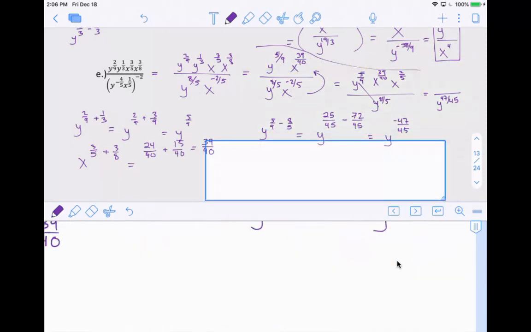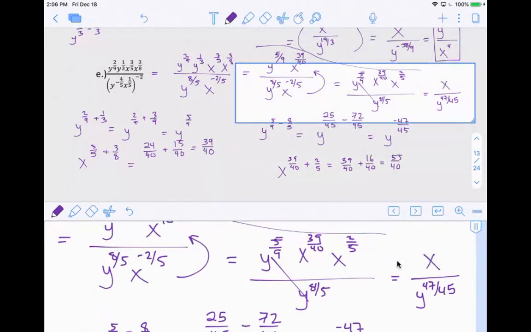Now, if I were to add the x's here, I got x to the 39 over 40 plus 2 over 5, which is 39 over 40 plus, multiplying by 8 on the second one, you also get 40, so plus 16. We get 55 over 40.